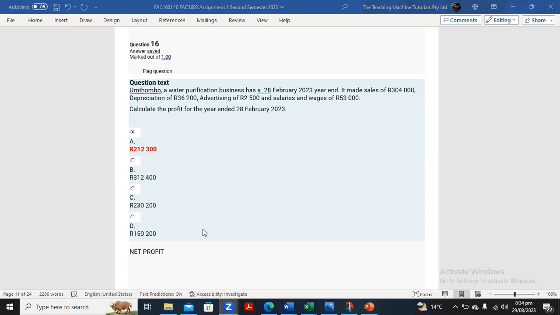Income minus all the deductions. So here the sales, the money made from sales, is the income. Depreciation is an expense, advertising is an expense, salaries is an expense. So you say 304,000 minus all the expenses, of which is 36,200.